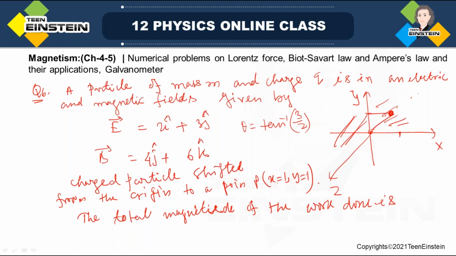Suppose this is P and this is O, so this OP vector you have to find out. Work is F dot dr. So what is F and what is dr? What is the force acting on the body? You have to first of all find out.